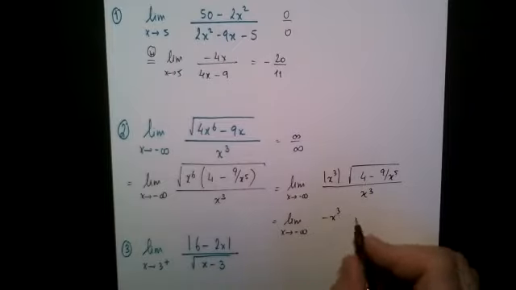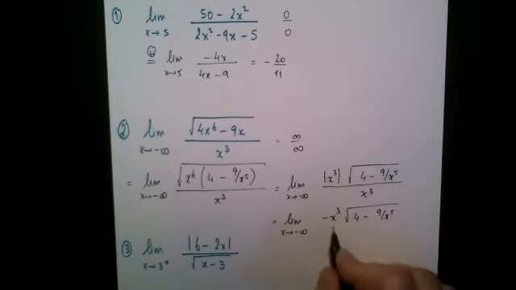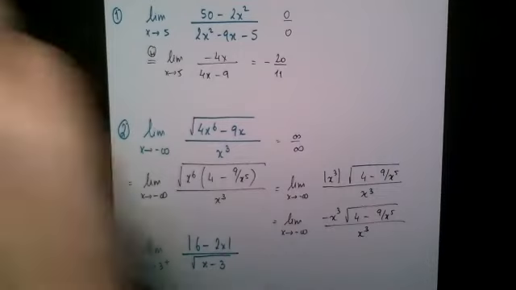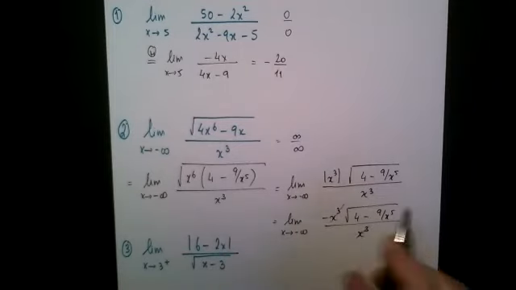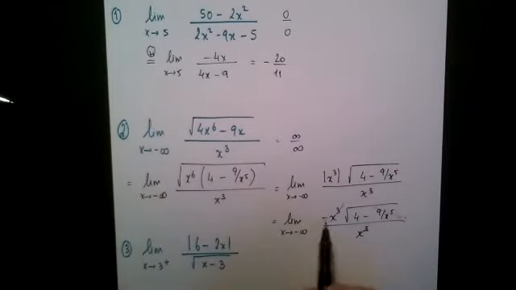So this is the trap. A lot of students forget this minus. Okay, cross out the x cubes. And then at infinity, this becomes 0. So you have negative 2.